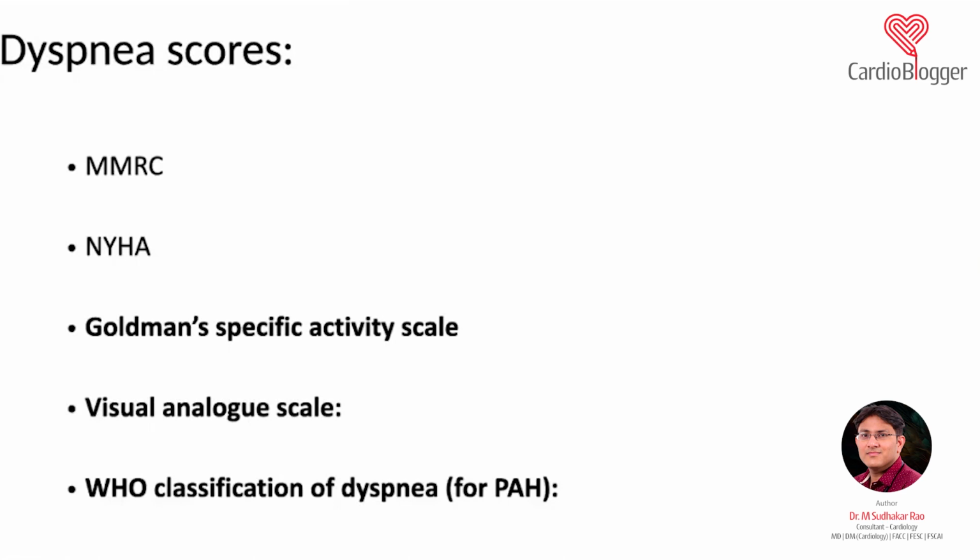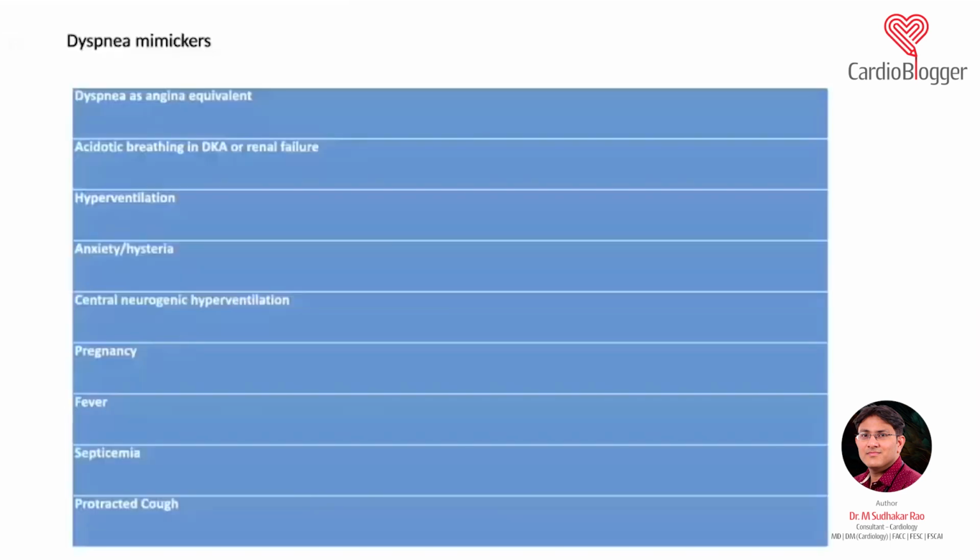It is exactly the same as NYHA. The only thing is that the fourth symptom, palpitation, is replaced by syncope in the WHO classification. All other things are the same as NYHA.